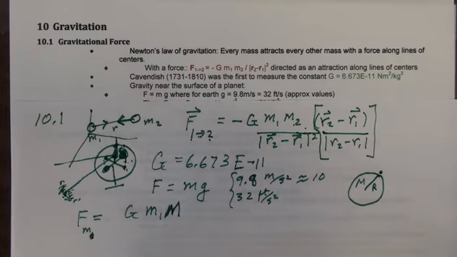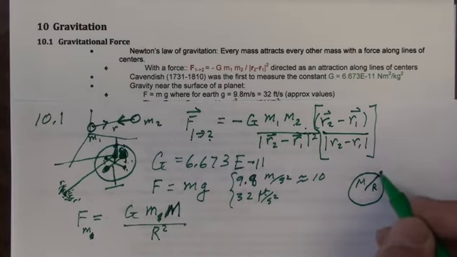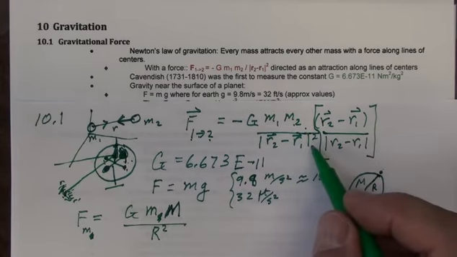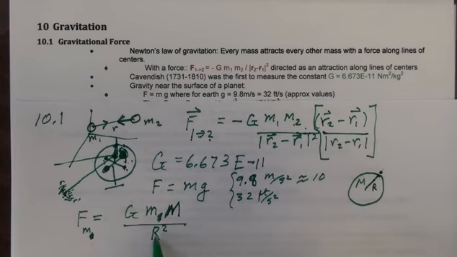Let's just call it capital M, divided by the radius of the Earth squared. Now, why is that? Because as we vary this only a few feet, that's negligible in comparison with the radius of the Earth, which is 4,000 miles. So if we're within some reasonable distance from the surface of the Earth, the distance we have here is negligible in changing this r squared. And so we just have the radius of the Earth squared.